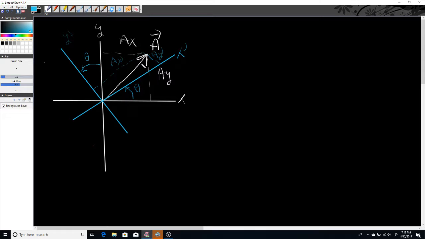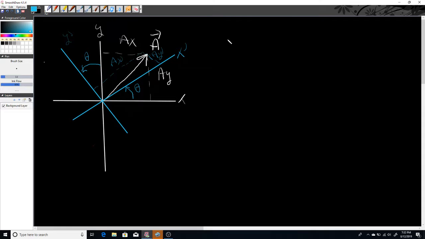Once again, I'll just recap to make it extraordinarily clear: what we want to do now is find the x and y components of this very same vector in a new coordinate system that's slightly rotated from the original coordinate system, using the information we already know about this vector in the original coordinate system.